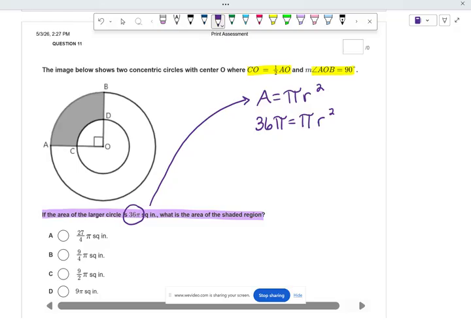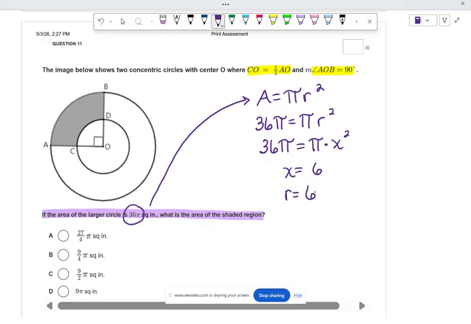You could do all of your algebra and inverse operations, or you could type this in Desmos and put pi times x squared, and you would get that x equals 6. Therefore, the radius is equal to 6.